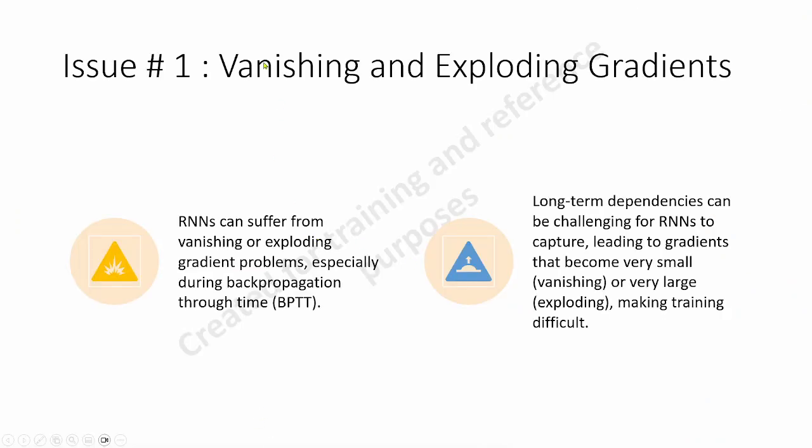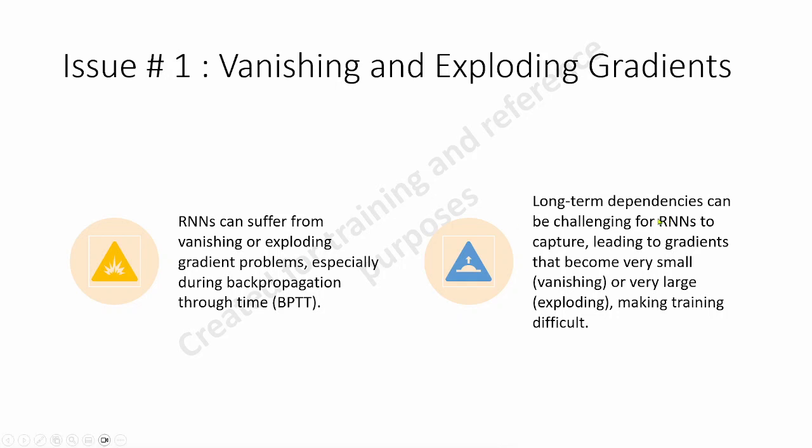So some of the issues that affect recurrent nets, namely vanishing and exploding gradient. Vanishing gradient and exploding gradient are not just exclusive to sequence models. It is something which can affect any neural net.